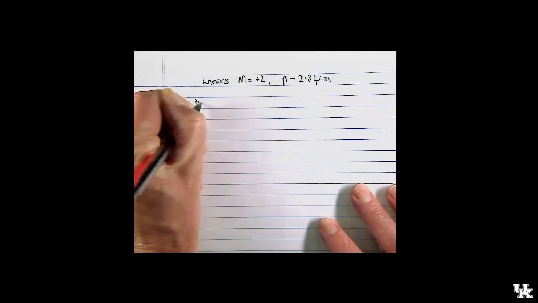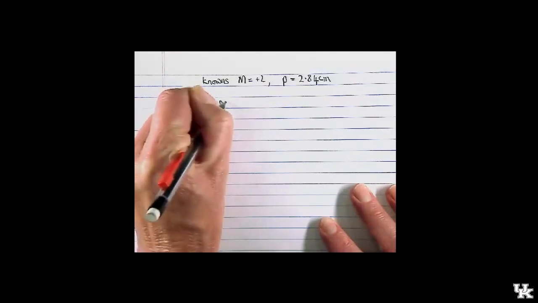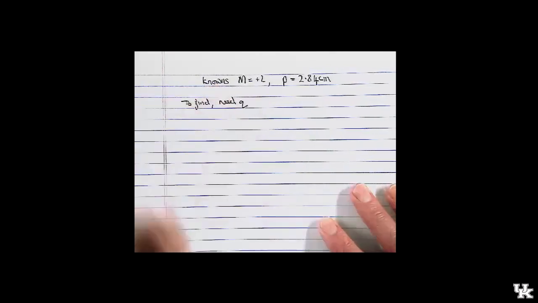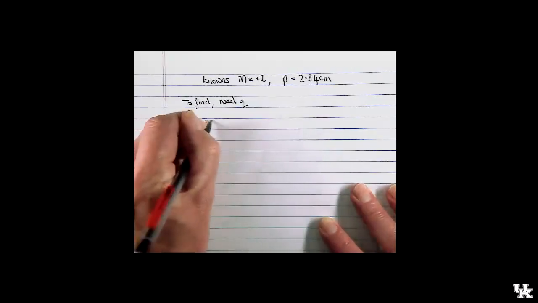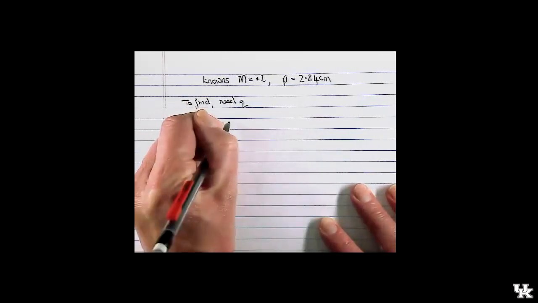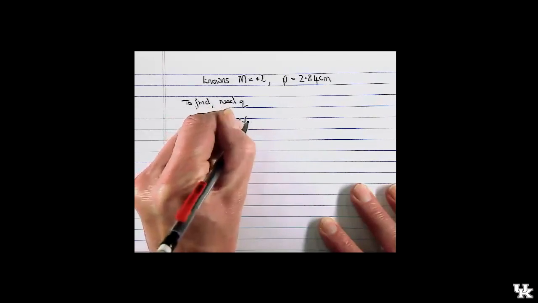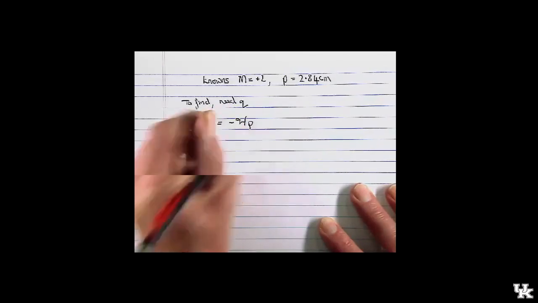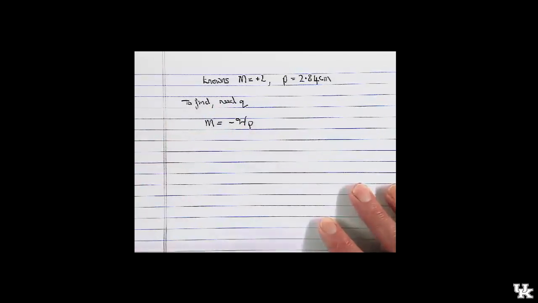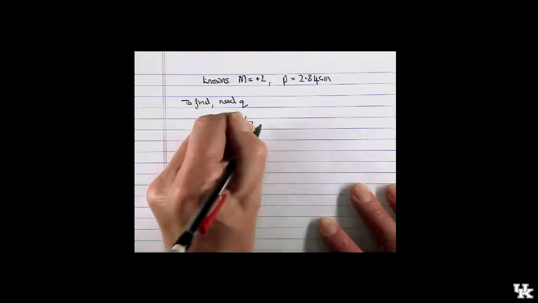To find f, I need q. And to find q, I'm going to use the fact that I know the magnification equation. The magnification equation is that the magnification m is minus q over p.